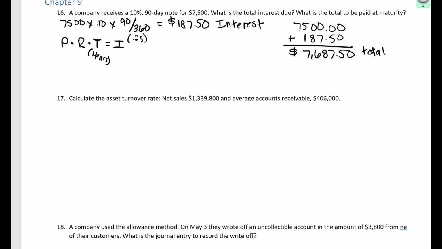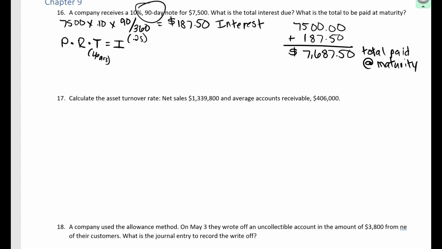This is the total paid at maturity. Now, maturity means when the note is due. If this is a 90-day note, 90 days from its inception is the maturity date. The maturity date is the day that it's due.